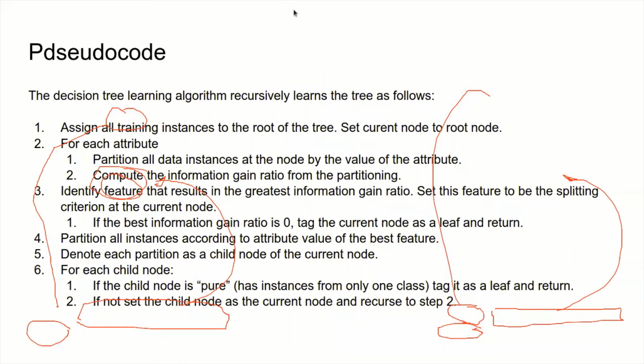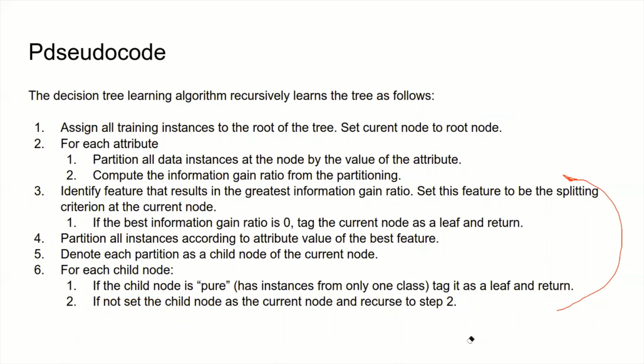And this is the pseudocode for the decision tree algorithm. As you can see, you assign all training instances to the root of the tree, set the current node to the root. Well, you can read it, it's quite clear. So that's it. Any questions until that? Well, we are almost over. That's quite simple, you know. Well, basically, I promised you that I would show you a pseudocode.